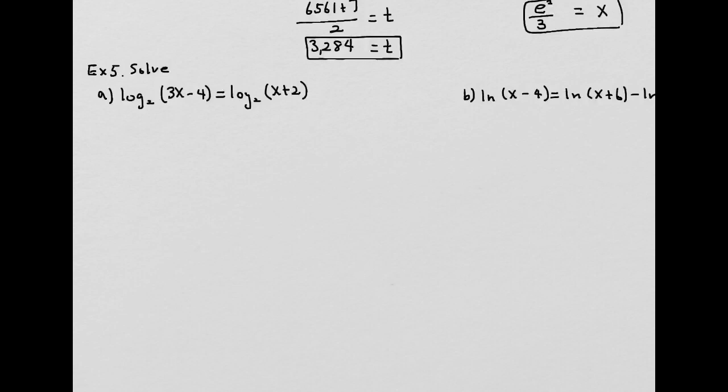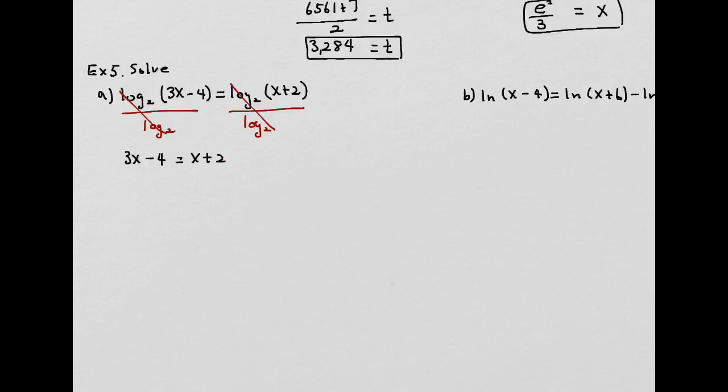The first one I'm going to show is to divide both sides by log 2 so that I can get rid of the logarithm completely. That will cancel out this 2. The only thing remaining is going to be 3x minus 4 equals x plus 2.